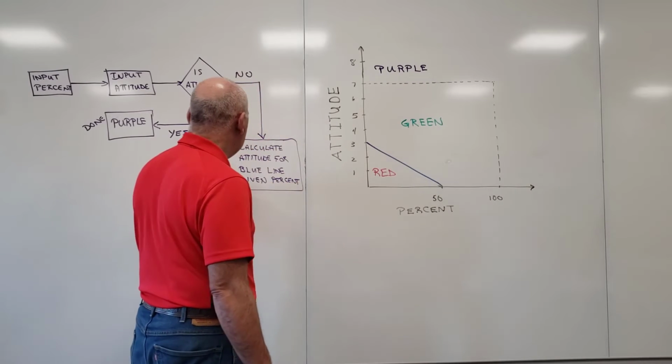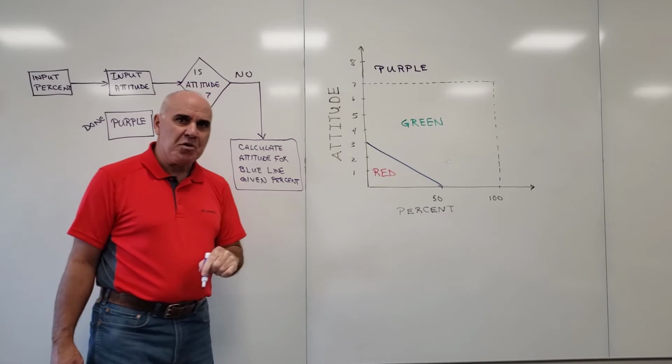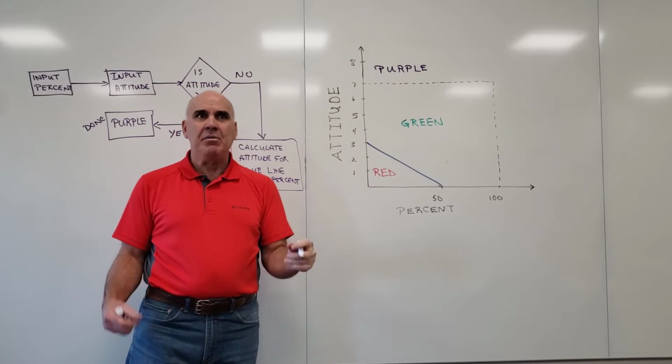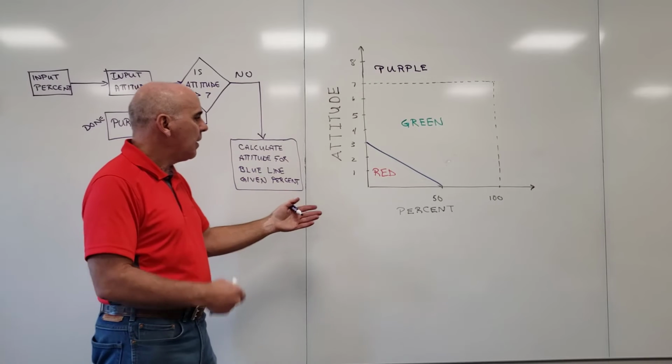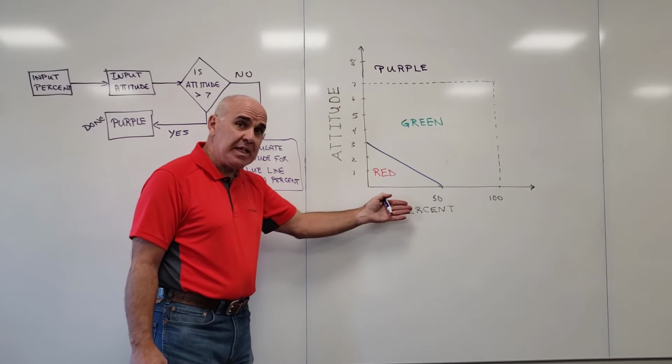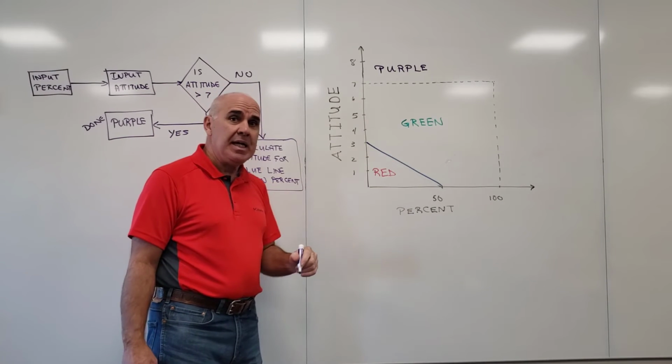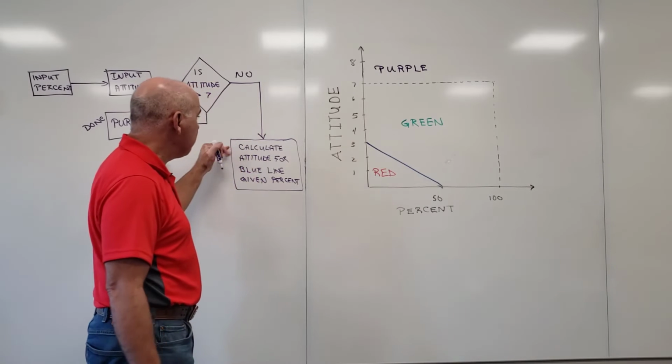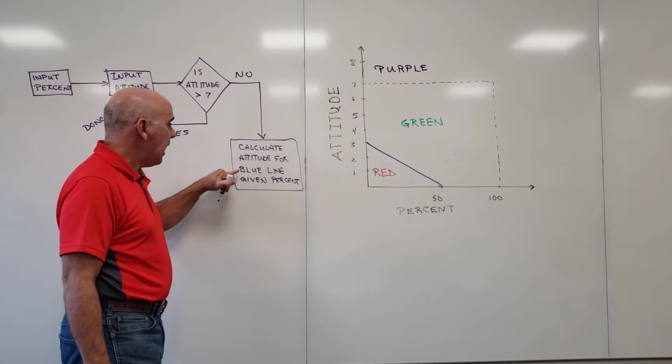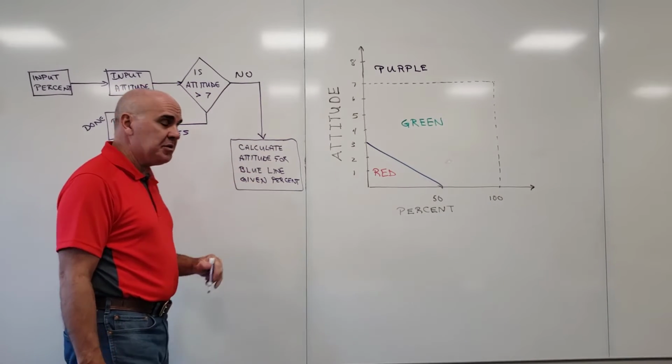It's kind of a big box. I hope the programmers out there aren't looking at me like, why would you make your box that big? So I'm going to take the percentage and calculate the attitude on the blue line given the percentage.